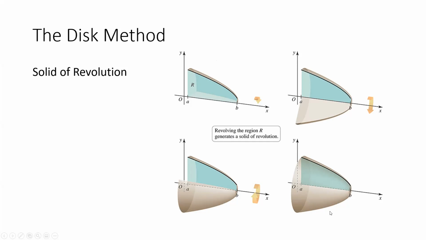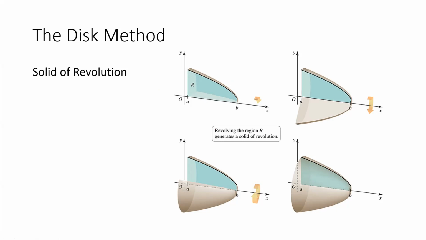Okay, and the way that we want to approach this is we can imagine that the solid that's formed here has cross sections that are disks. They're circles, right?